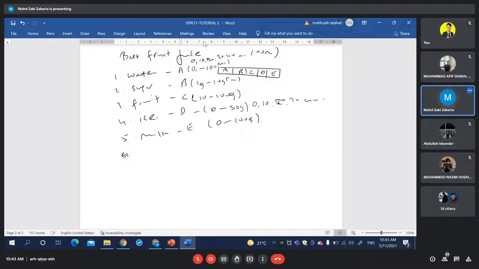After we define the variables, we need to create a mathematical representation for this problem. So f(a,b,c,d,e) equals a plus b plus c plus d plus e.